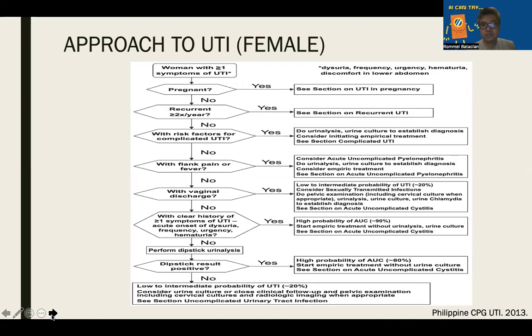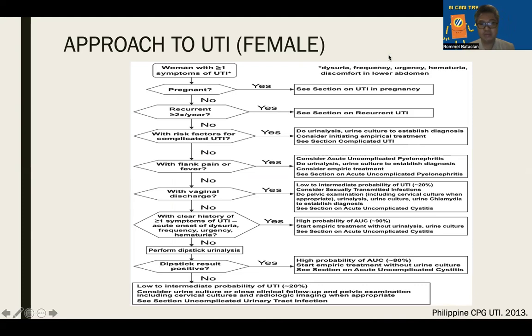So how to approach urinary tract infection. The 2013 guidelines give us, since it's a majority female, especially in the adult population, a very simplified algorithm in order to treat these individuals with UTI.